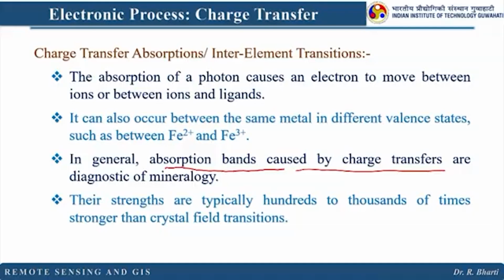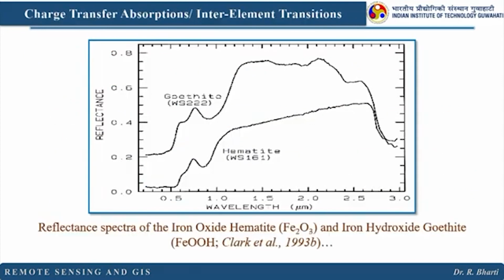Their strengths are typically hundreds to thousands of times stronger than crystal field transitions, right. Here is the example where you have reflectance spectra of iron oxide hematite and iron hydroxide goethite.